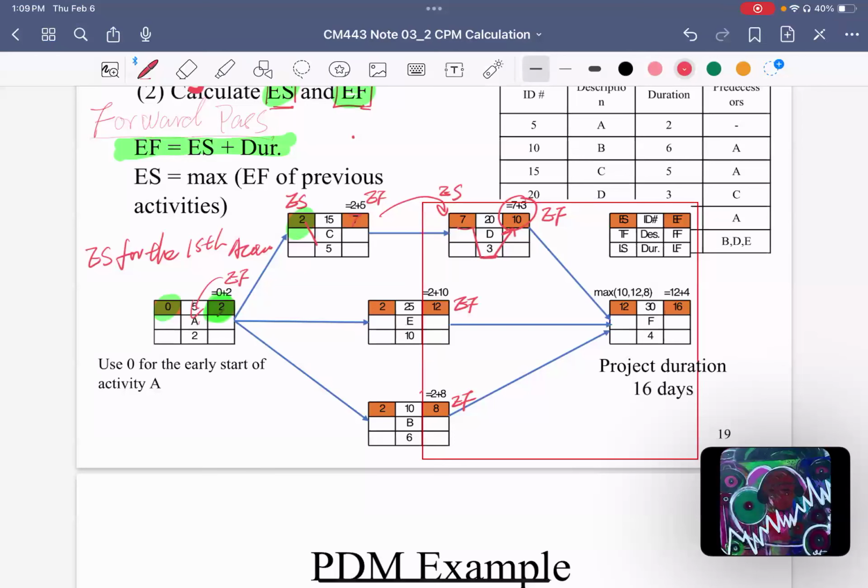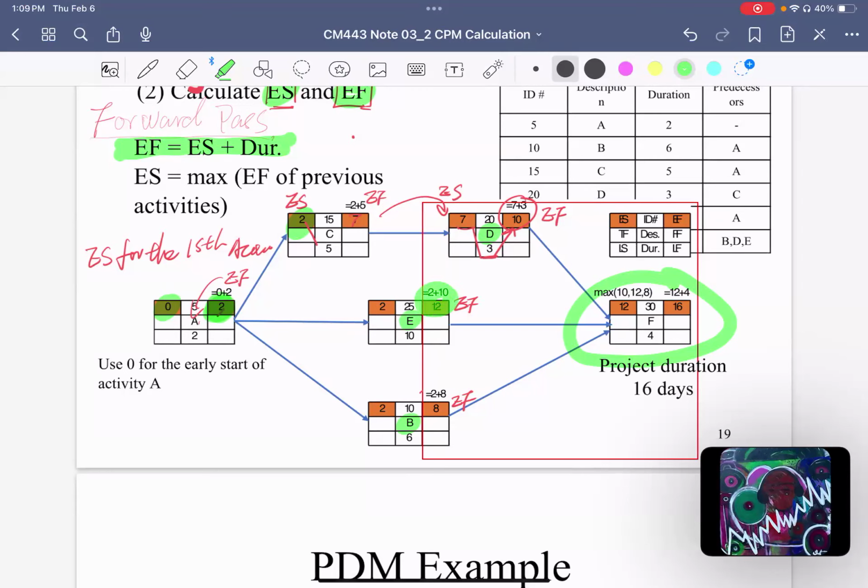Now we are in here. How can we determine the early start time for F? Because F is after D, E, and B, F cannot start until D, E, and B have finished. So the earliest time F can start is when E finishes, because E ends on day 12.